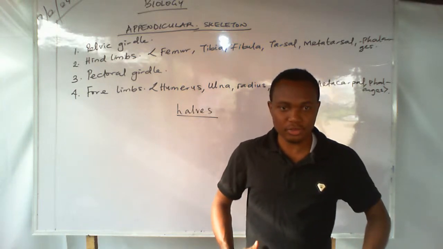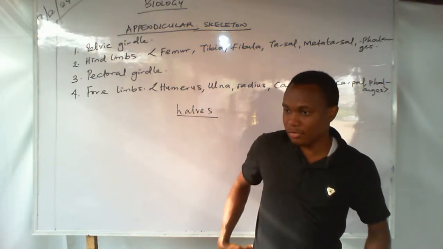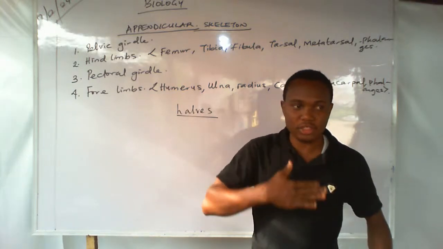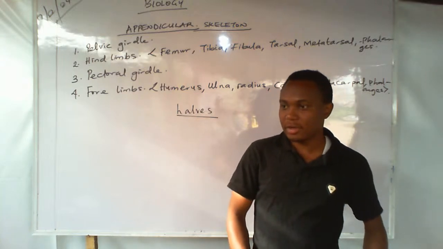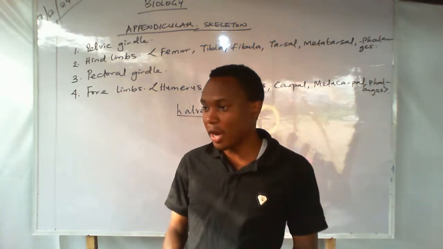This is the ventral region. This is your dorsal region. Looking at something from the back, that's the dorsal view. When you look at something through the chest region or the abdomen, it is the ventral region.